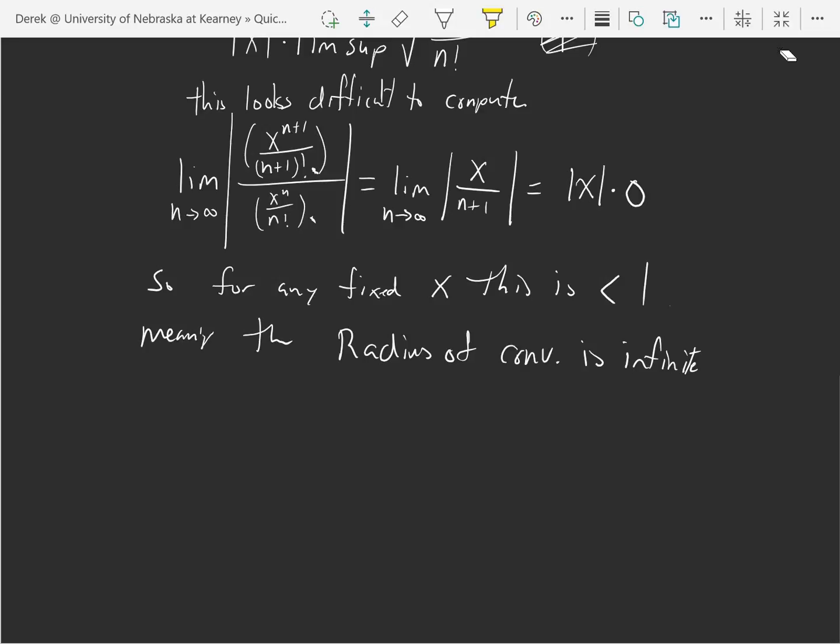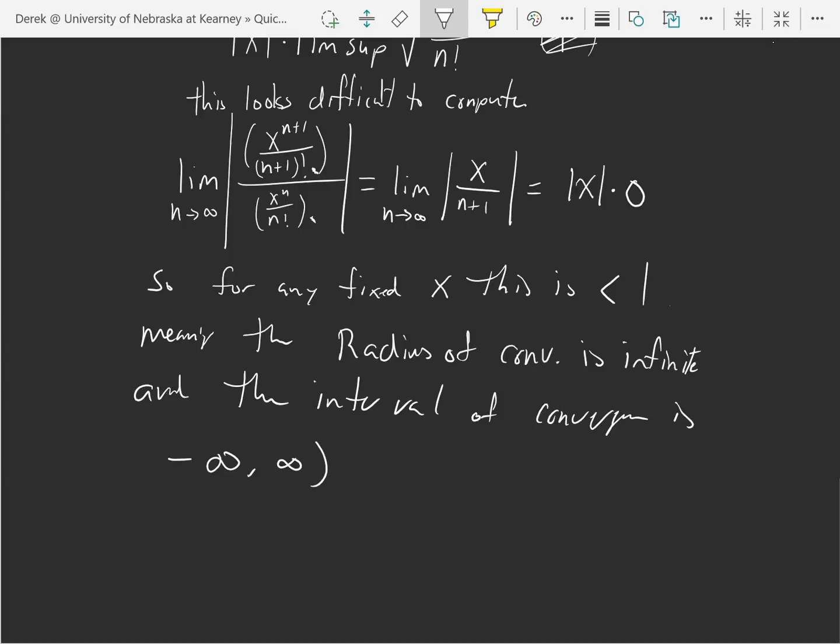And the interval of convergence is negative infinity to infinity. Okay. This one I don't have to test the endpoints because there's no endpoints to test, right? I can't just throw infinity or negative infinity in there and test them. So there's one that has an infinite interval of convergence.